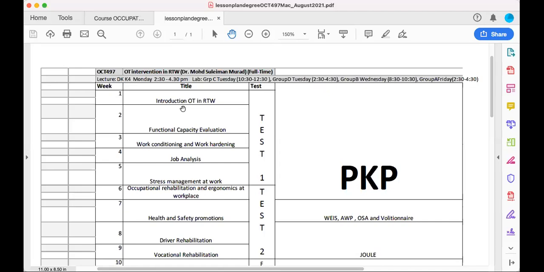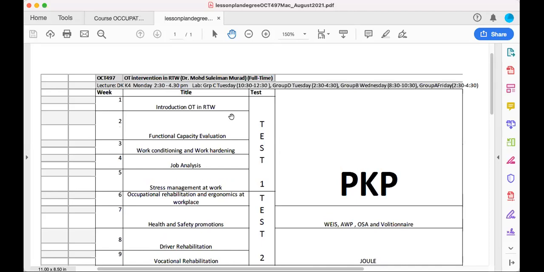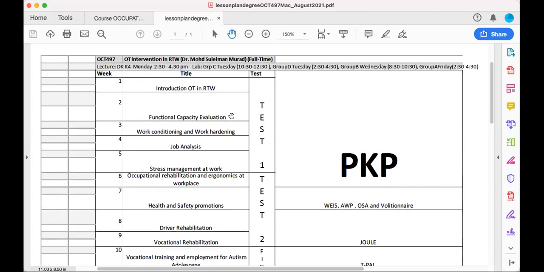Then before the next class, 50 minutes before, I will ask one of you randomly to present the topic. So this is very important. As a degree student, not only do you receive, but you also have to share whatever you have read.